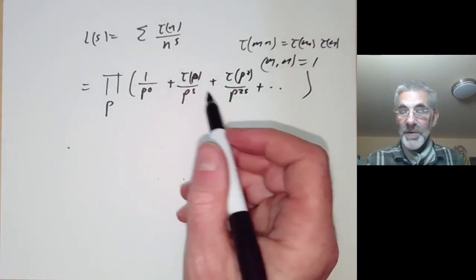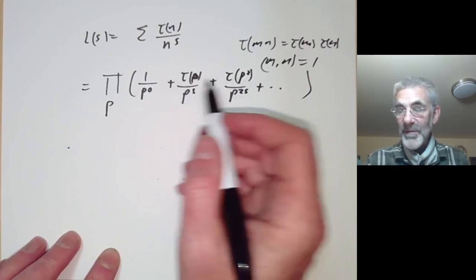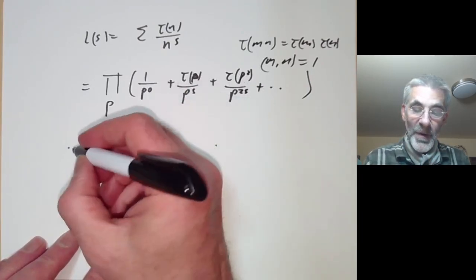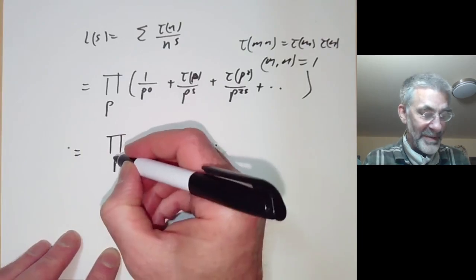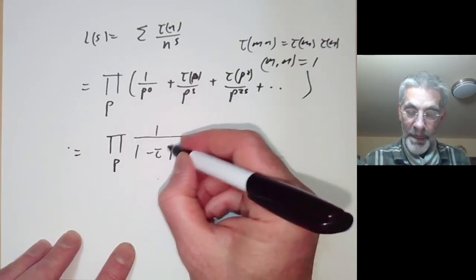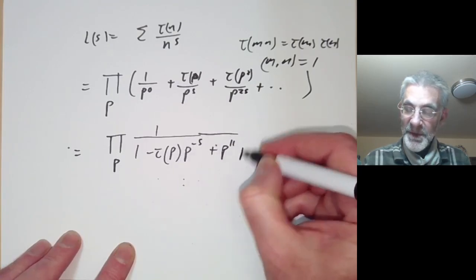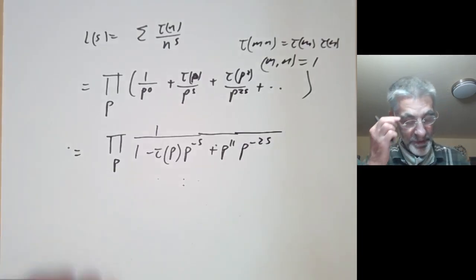And now, using the relations relating tau of p to the n, we can write this as a product over all primes of 1 over 1 minus tau of p times p to the minus s plus p to the 11 times p to the minus 2s.